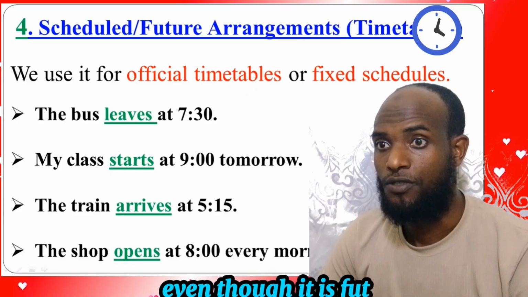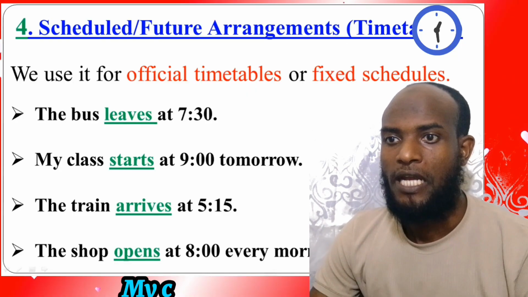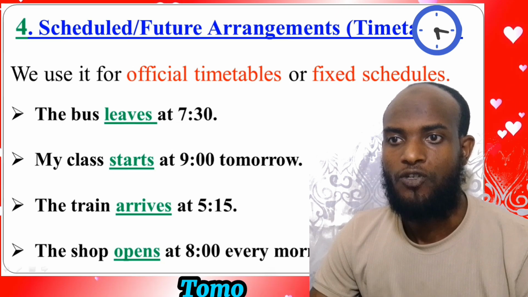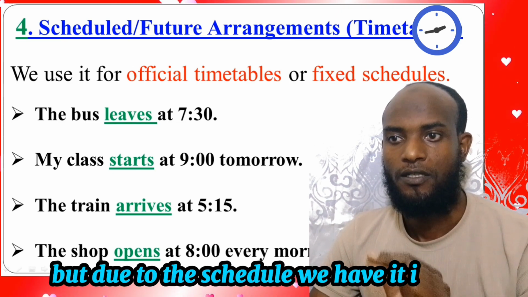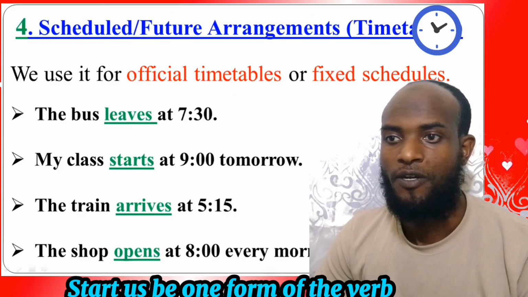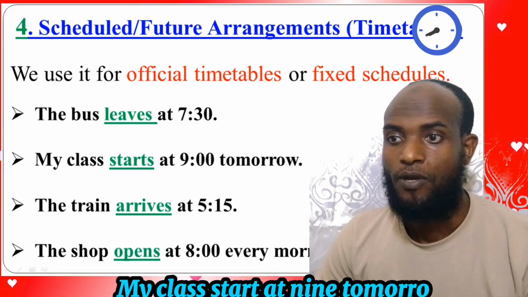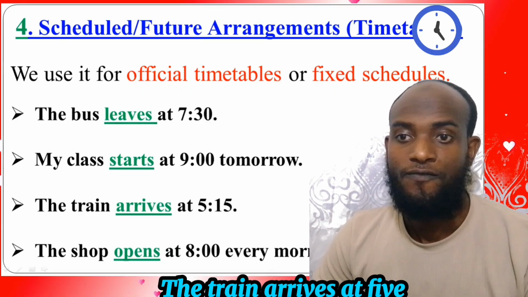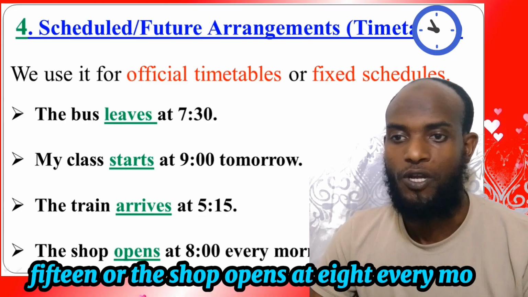So we use present simple, even though it is future. The bus leaves at 7:30, already scheduled. My class starts at 9 tomorrow. Tomorrow is future, but due to the schedule we have, it is present simple. Starts, V1 form of the verb, is used here. The train arrives at 5:15, or the shop opens at 8 every morning.